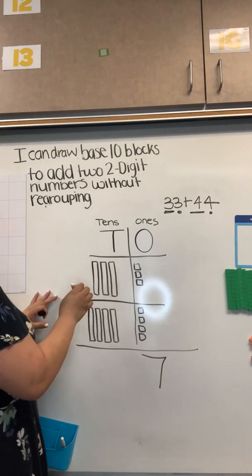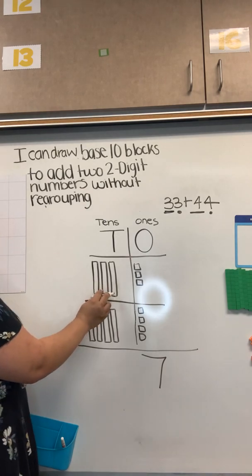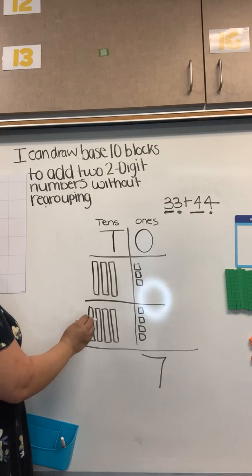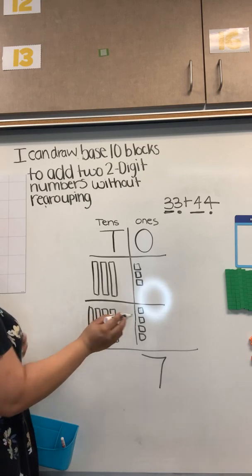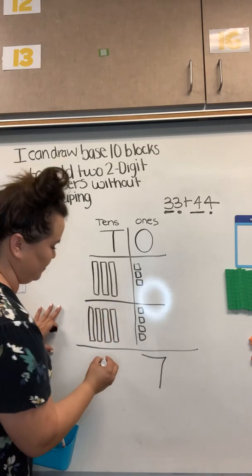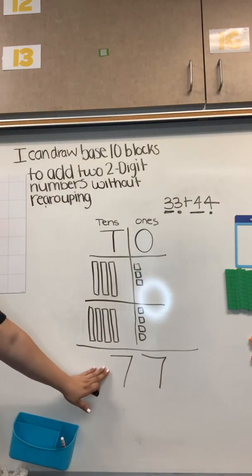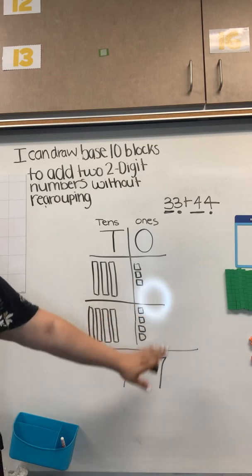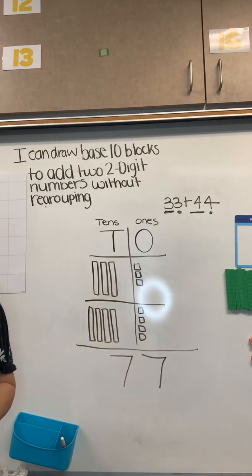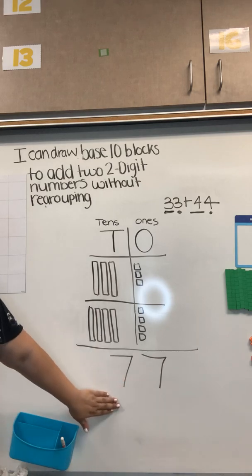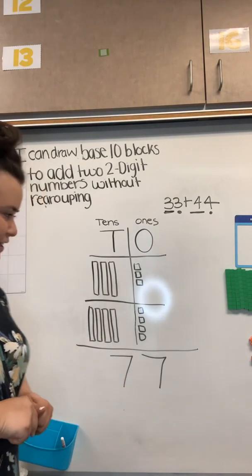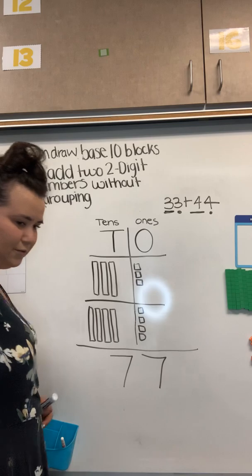Let's count. 1, 2, 3, 4, 5, 6, 7. So our answer ends up with 7 tens and 7 ones. Does anyone know what number that is? 7 tens and 7 ones. 77. Good job, guys. Now let's do another one.